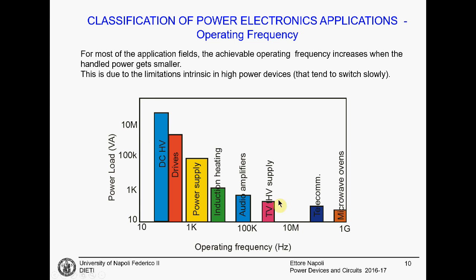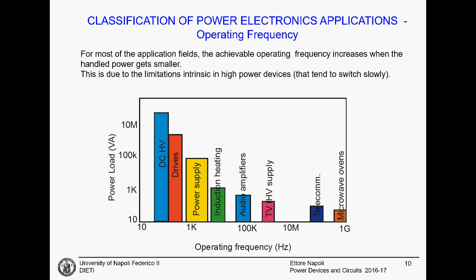But talking about these slower operating frequency applications, we can see that higher power usually comes with smaller and slower switching frequency. Which are the typical switching frequency for our devices?